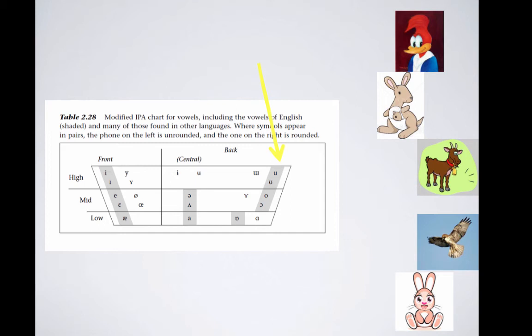It goes from O toward U, upwards. Then we have hawk, and finally we have rabbit. Some people might say bunny. It's probably the same.